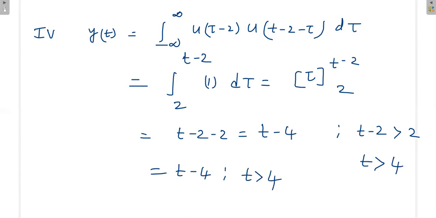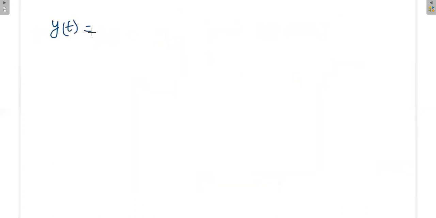Now we have all the components, we just have to add all these things. So y of t is equal to t, and please remember we have to add everything, so I will put a plus here everywhere. All the answers we have to add within that limit.